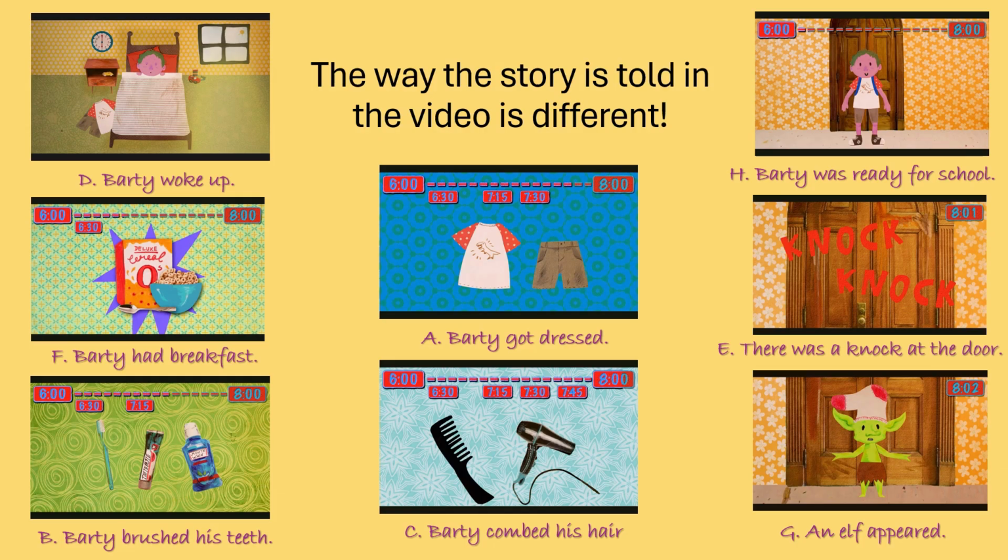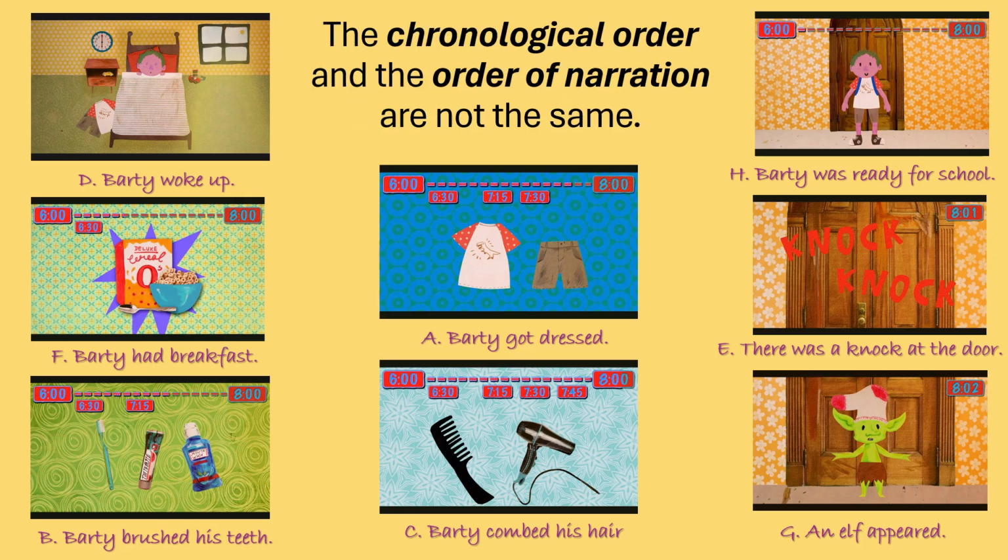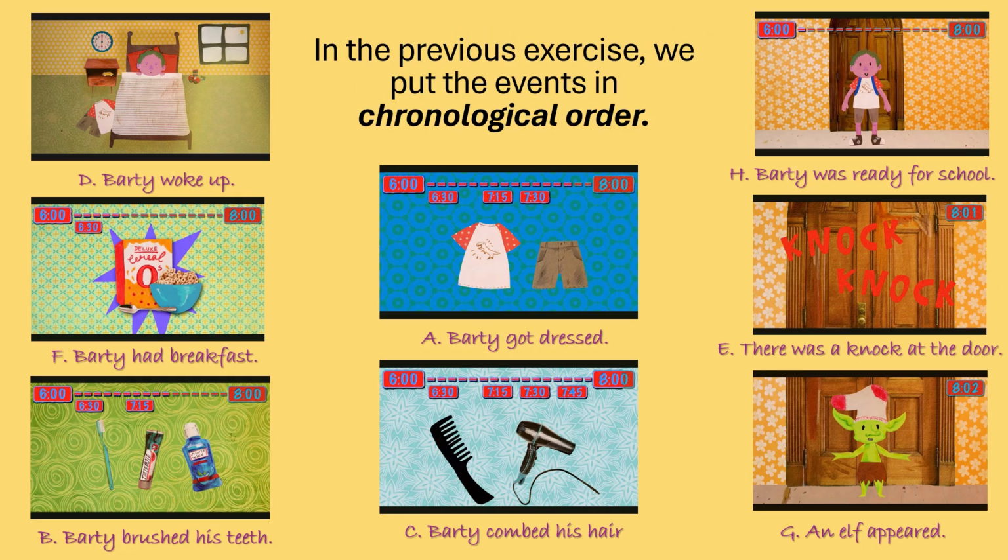But we know that the way the story is told in the video is different. The chronological order and the order of narration are not the same in the video. In the previous exercise, we put the events in chronological order.